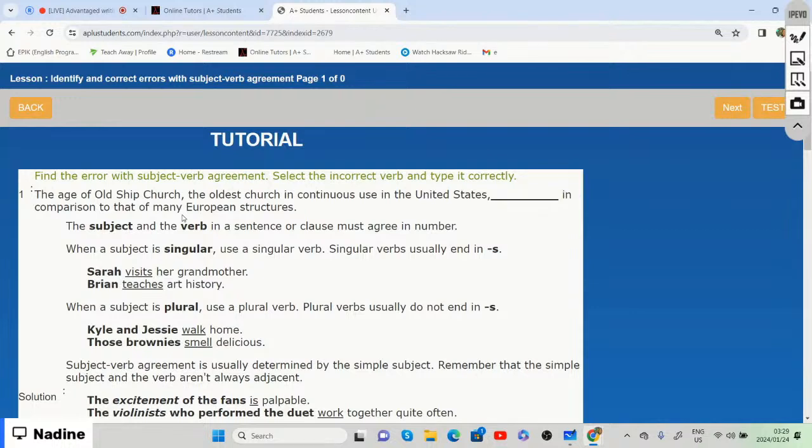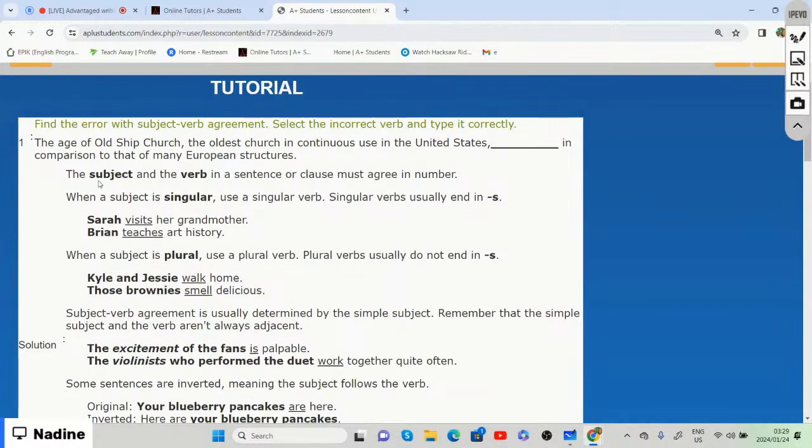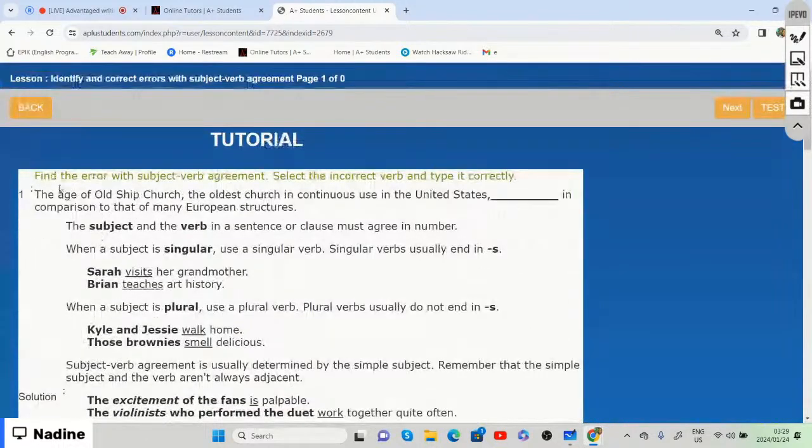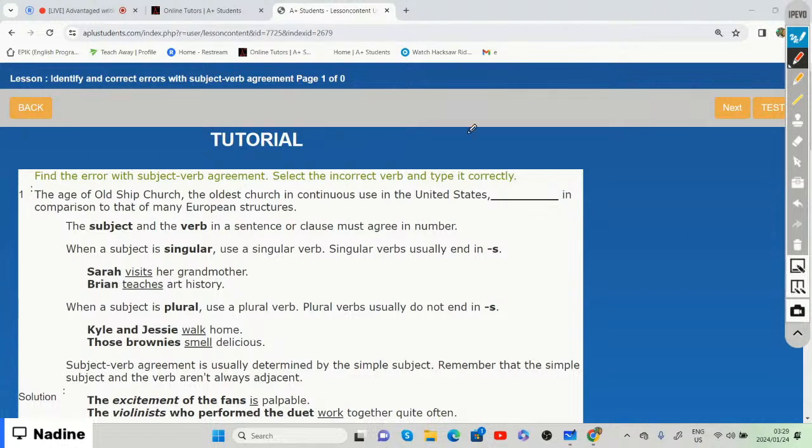Do we say pale in comparison? Because we need to select the verb. So it says the age of the old church, the oldest church in continuous use in the United States, it pales in comparison to that of many European structures. Pales, right?